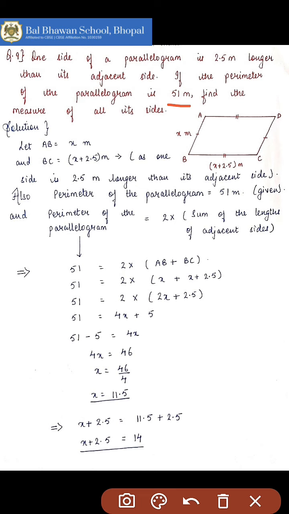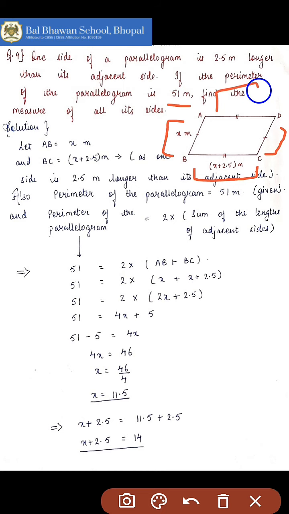Now, we all know that if we want to find out the perimeter of a parallelogram, let's see the properties of a parallelogram. In a parallelogram, opposite sides are equal and parallel. So, if I consider the side AB as x, DC will also be x, and the length of BC will be equal to AD.